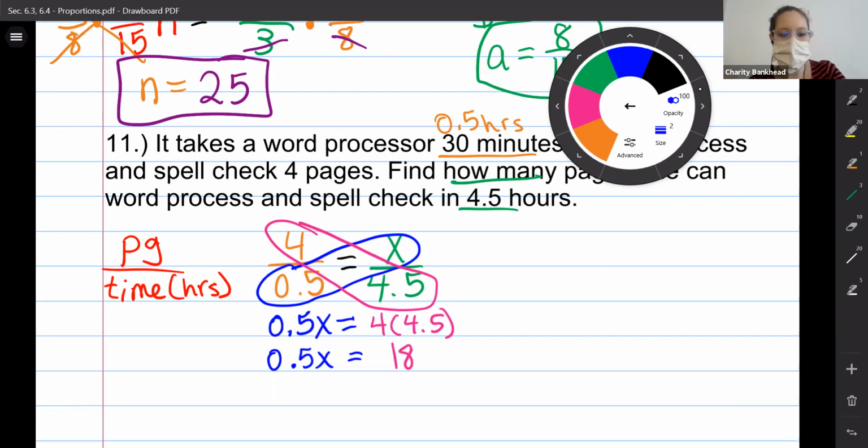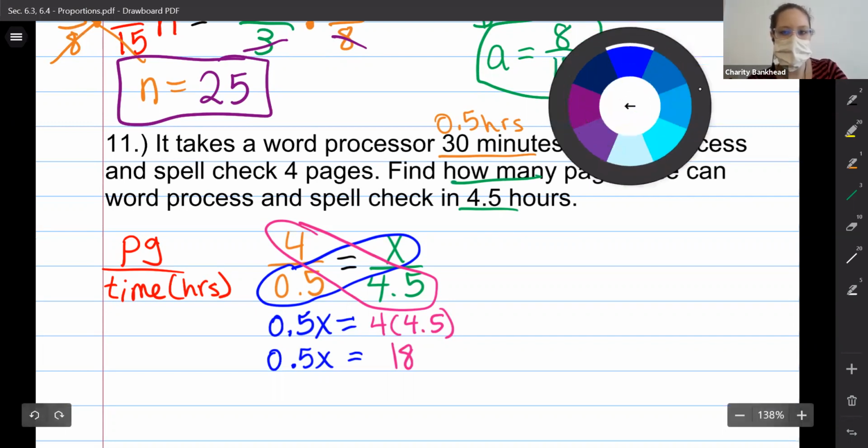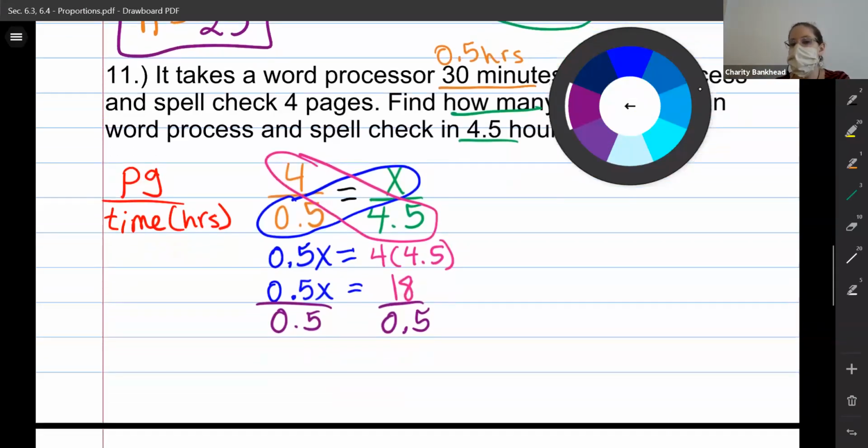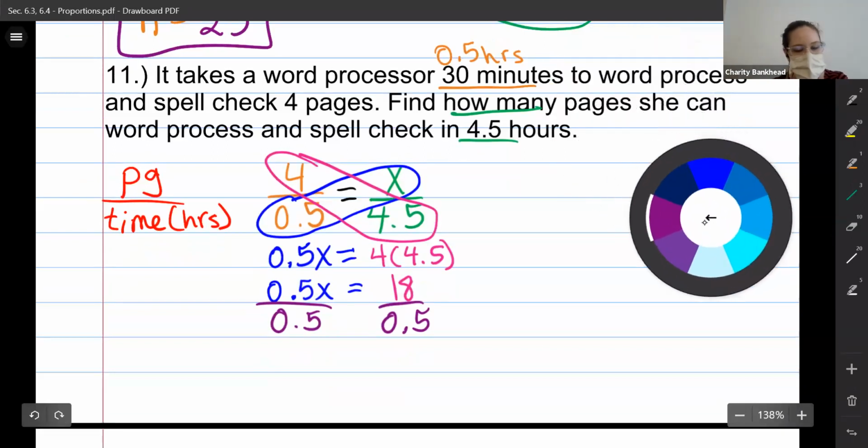And then I have to divide both sides by 0.5. So actually, 0.5 is the same thing as a half. So this is the way I make it a lot easier on myself. If I'm dividing by a half, that's the same thing as multiplying by 2. And I know 18 times 2 would be 36.